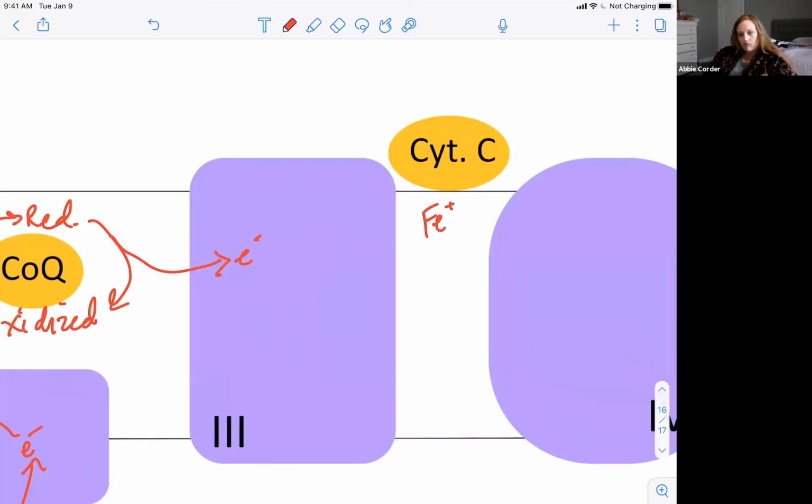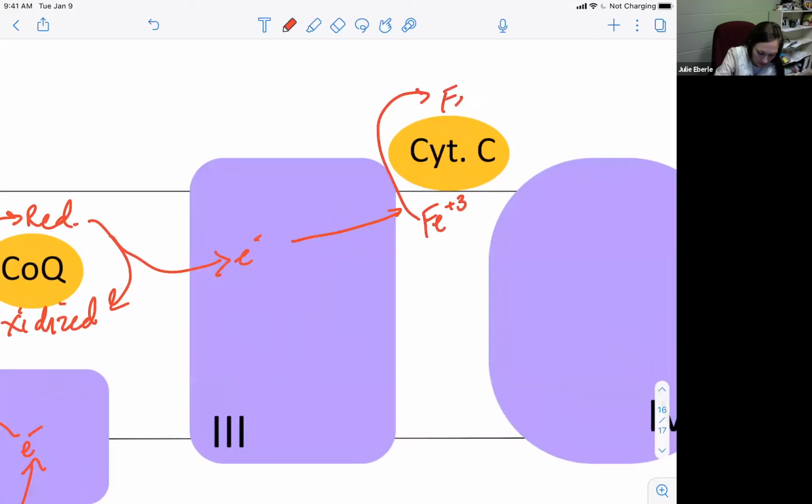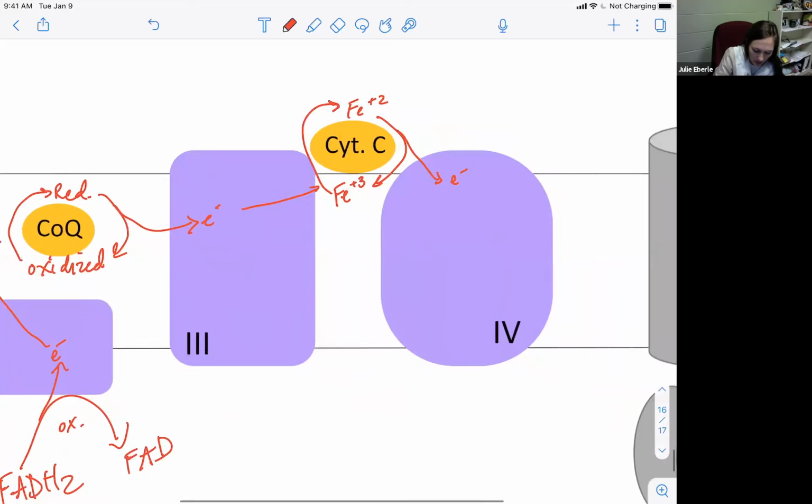So it starts out as iron plus 3. When it picks up those electrons, it becomes iron plus 2, which makes sense that the charge goes down. And then as it gives electrons back to complex 4, it regenerates the iron plus 3, which can just go back and keep picking up more electrons and keep the cycle running. Okay, what's the last step?